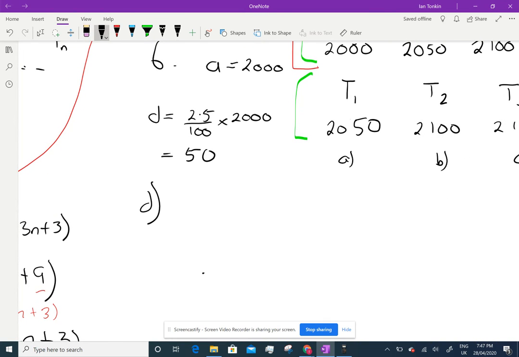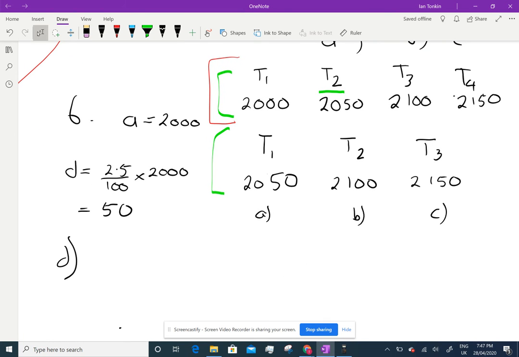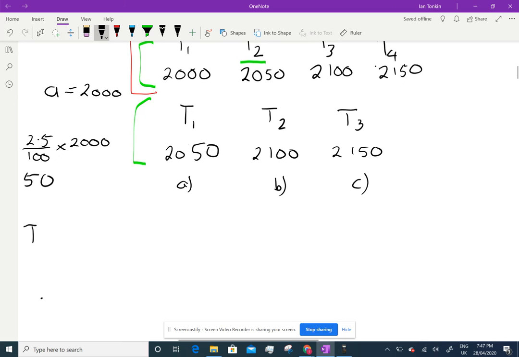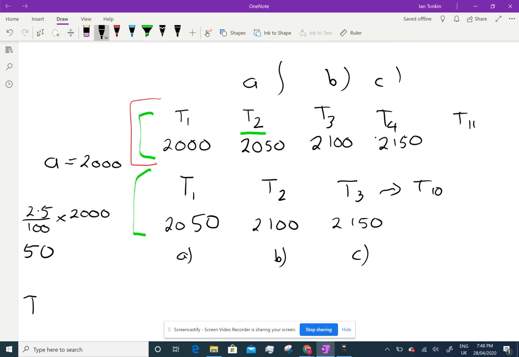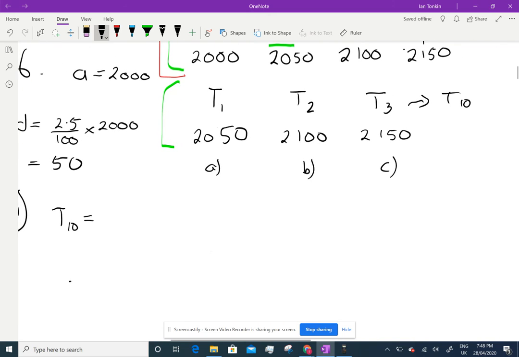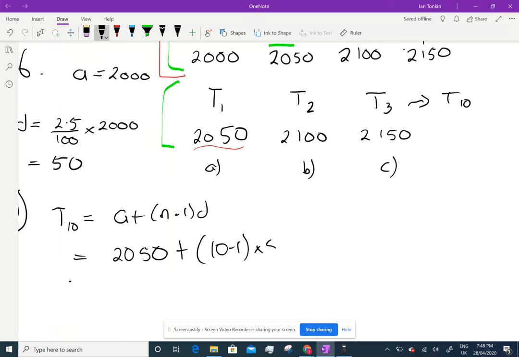Now D, this is where you have to be smart and think about, well, what did I use? Which method? I have to find after 10 years. Now, if I'm using this method, I'm just going to find T of 10. But if I'm using this method, I'm going to find T of 11. I'm going to do both. T of 10 using this method, where my A is 2,050, is A plus (n minus 1) times D, which is 2,050 plus (10 minus 1) times 50, which is 2,500.